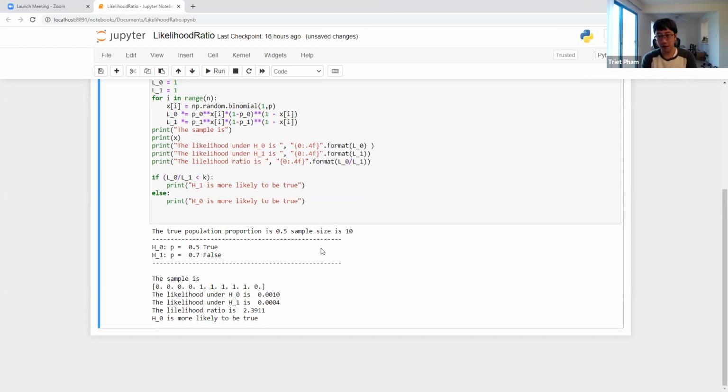So let me ask this: am I more likely to reject or less likely to reject? K right now is bigger, so am I less likely to reject or more likely to reject? I'm more likely to reject, exactly.